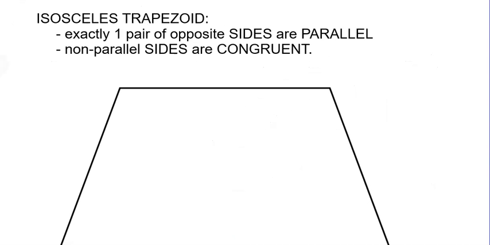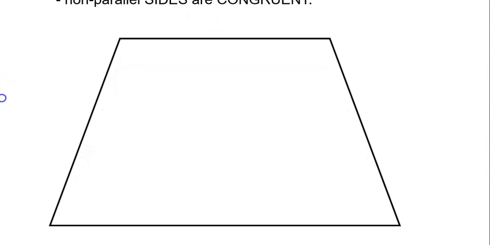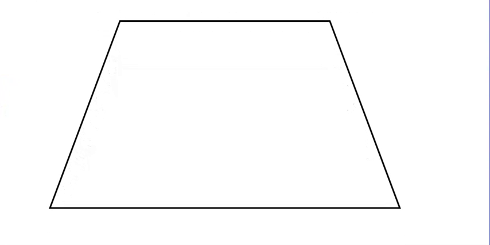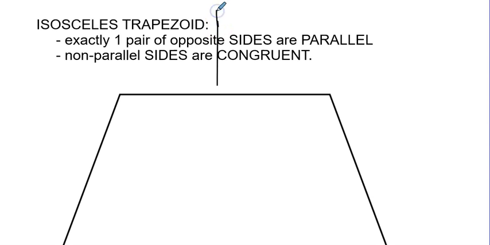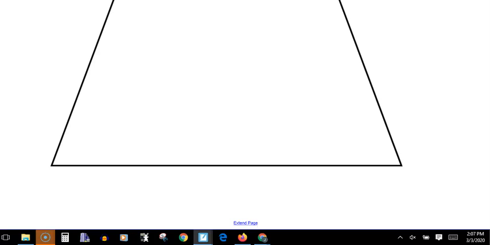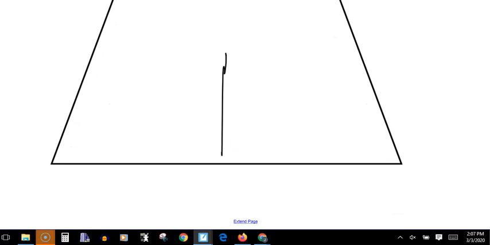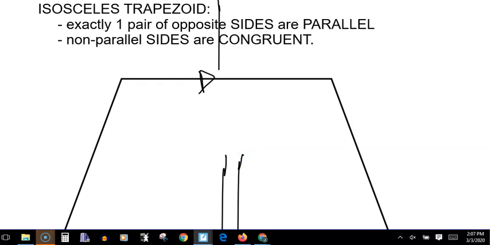All right, now, an isosceles trapezoid has exactly one pair of opposite sides that are parallel, and the non-parallel sides are congruent. So here we have that side and that side are parallel. I hate this board.